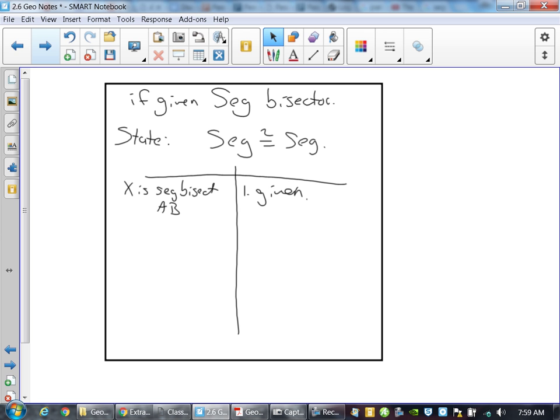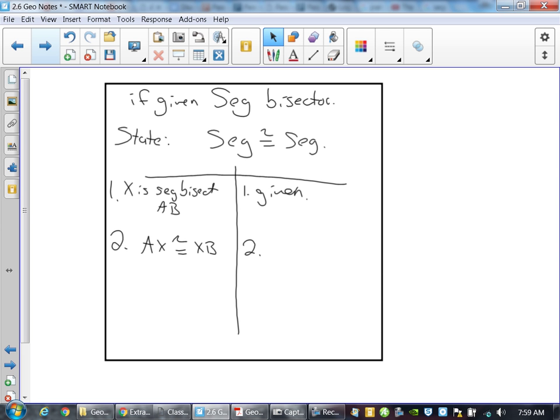It can be anything. I just wrote X because it was a smaller amount of letters. If X is a segment bisector of AB, what are the two segments going to be then? Just by using the definition. AX and XB, yeah. So then therefore I could say that AX is congruent to XB.